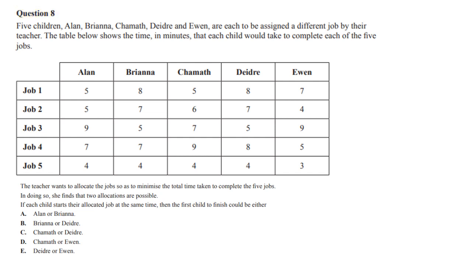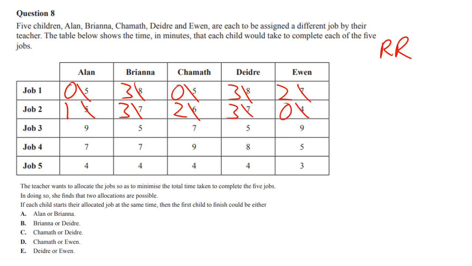So our first step, as always, is row reduction. Our first row, job 1, the lowest value is 5. So this becomes 0, 3, 0, 3, and 2. The lowest value for job 2 is 4. So that's 1, 3, 2, 3, 0.